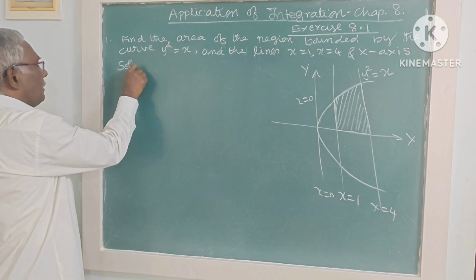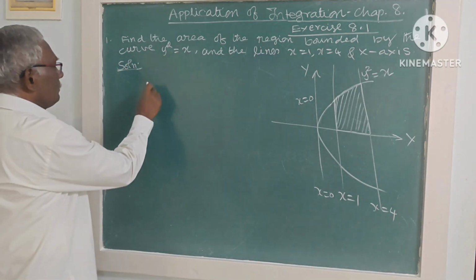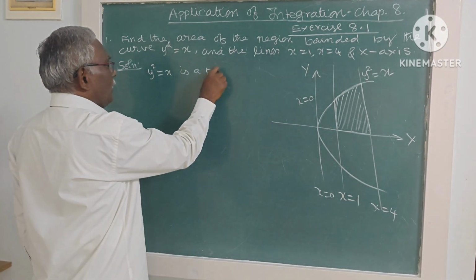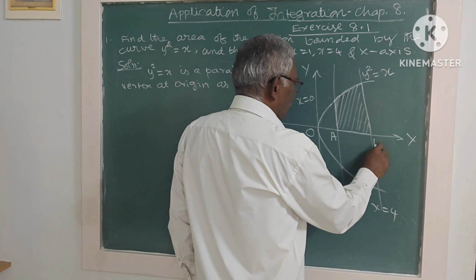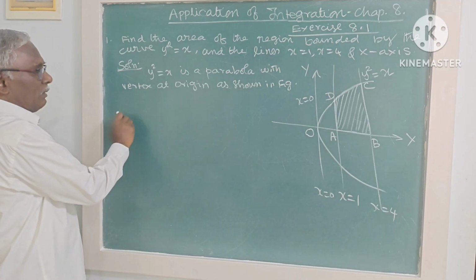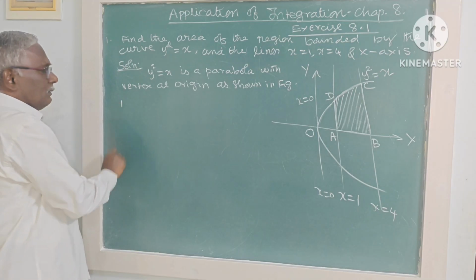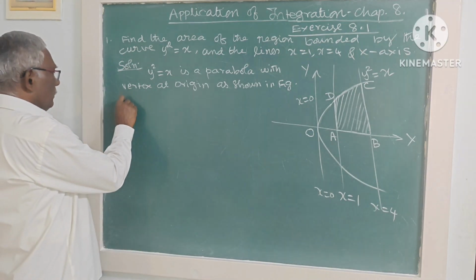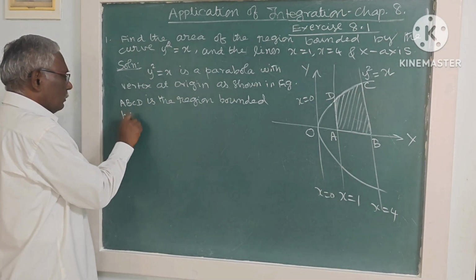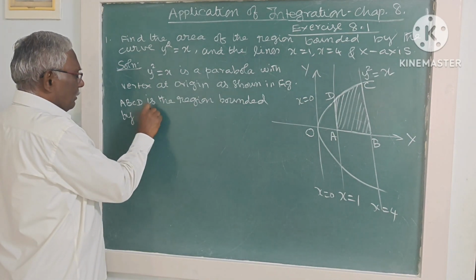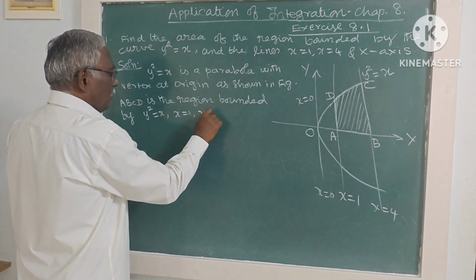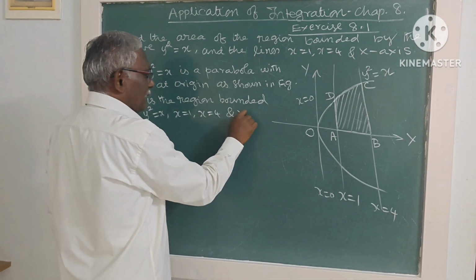Solution. Y square is equal to x is a parabola. We will mark this A, B, C, D. ABCD is bounded by y square is equal to x, line x is equal to 1, x is equal to 4 and the x-axis.